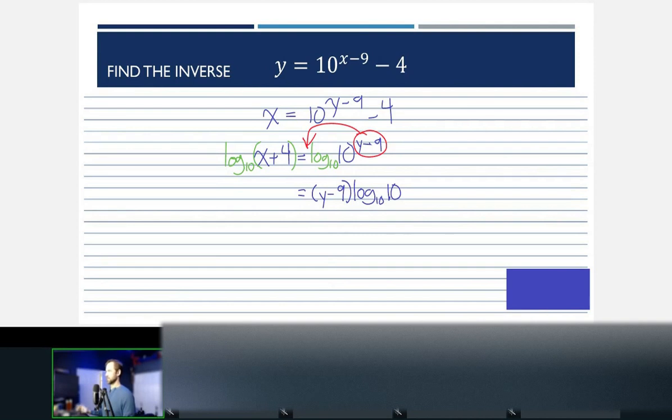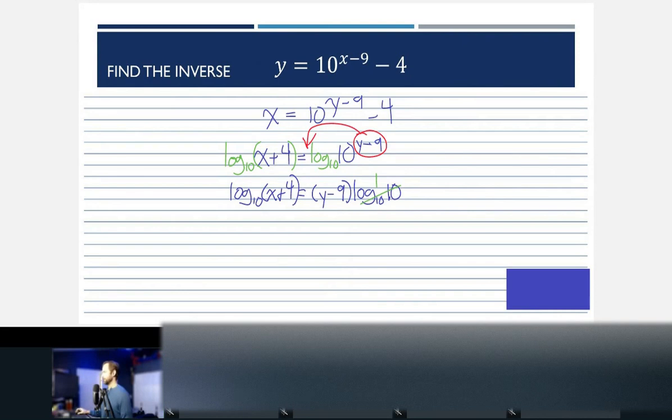And then a lot of you said that log base 10 of 10 becomes 1, and you are correct. All right, so now we have the log of all that stuff equals y minus 9.